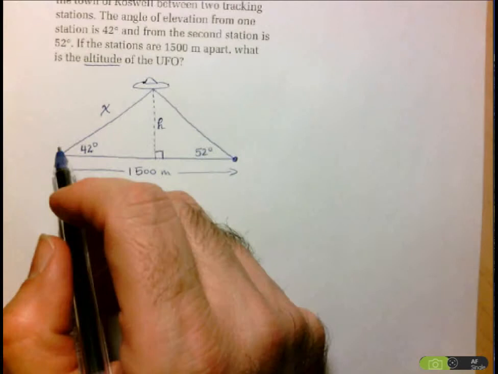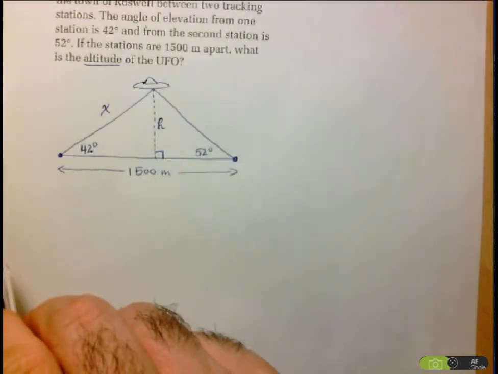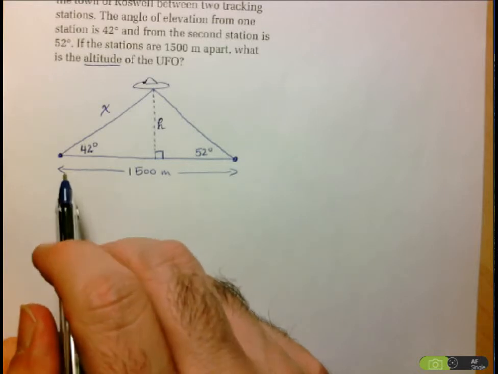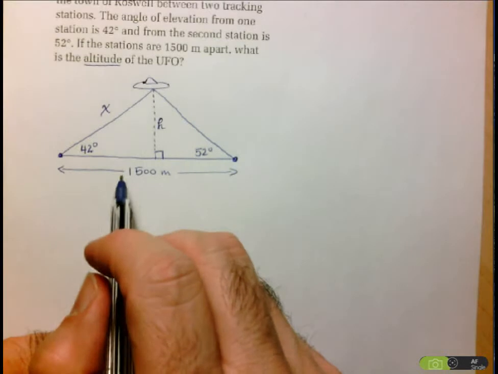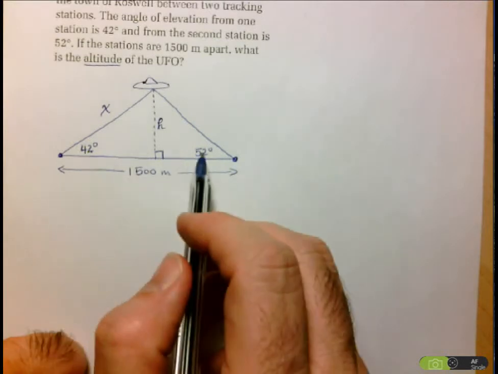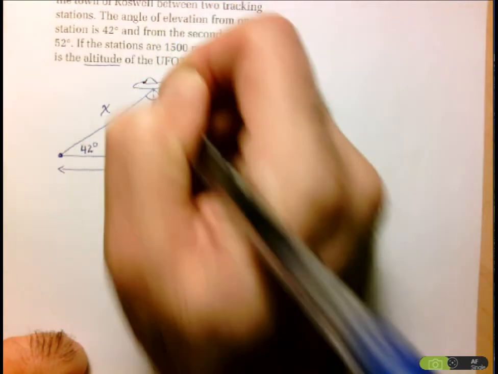Okay, so let's take a look at this larger triangle here, and I notice that I don't quite have a side opposite angle pair, but I can find one, because we know that as soon as you have two angles in a triangle, you can always find the third.